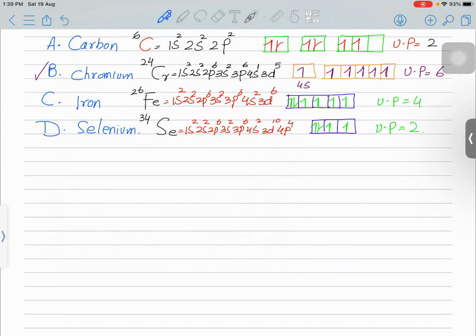So now we have the summary of the electron filling diagram, the summary of electronic configuration.